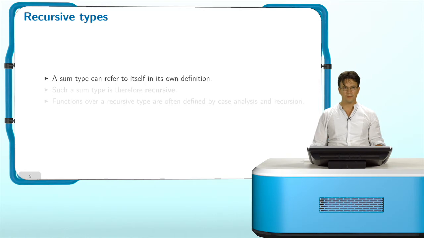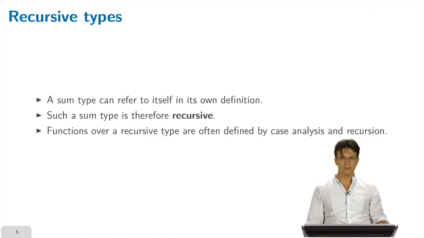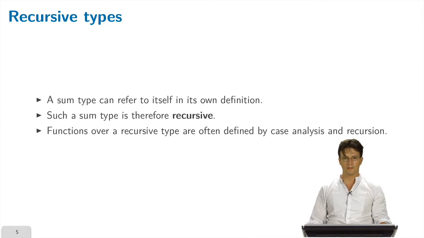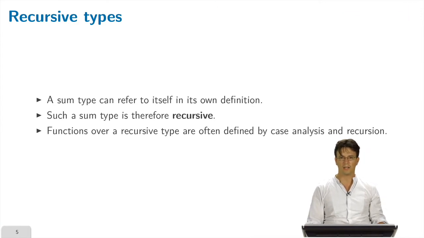So a sum type can refer to itself in its own definition, and such a sum type is therefore recursive. Functions over recursive types are often defined by case analysis and recursion.